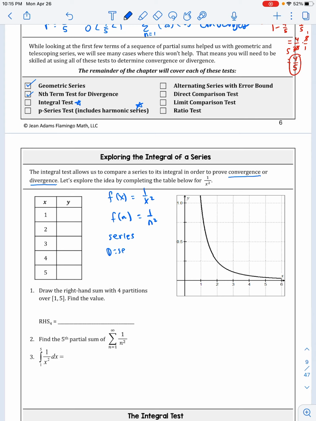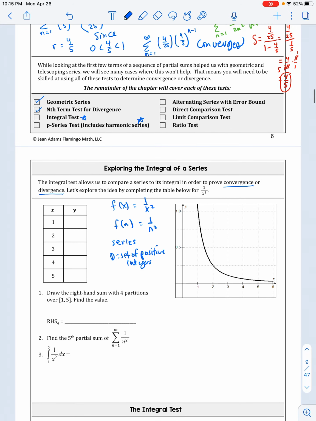Now remember, this is a series, and for a series, the domain is the set of positive integers. So it doesn't have things in between like 1 and 2. It's just at 1, so your domain is just 1, 2, 3, 4, 5.